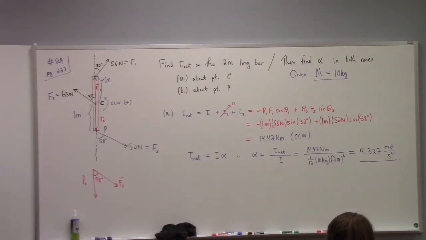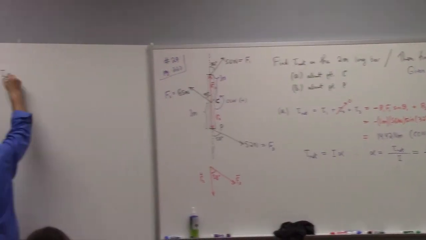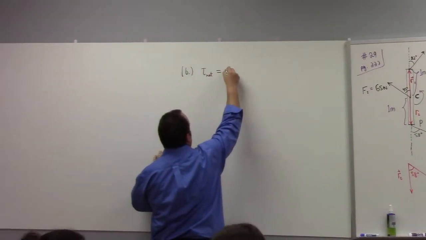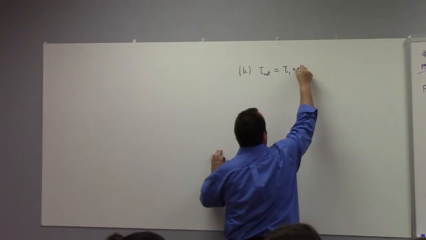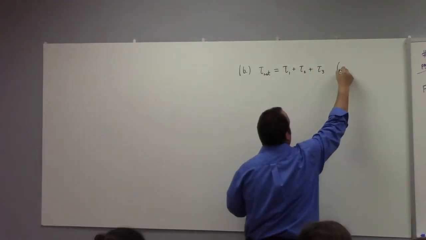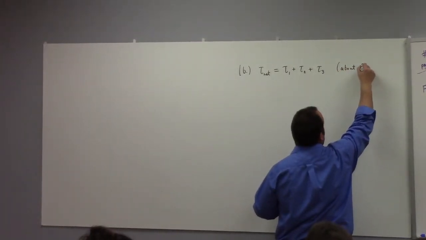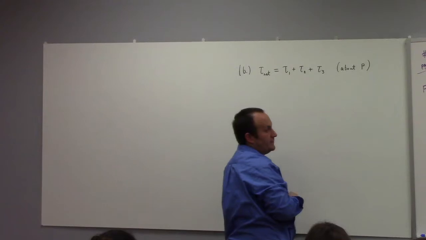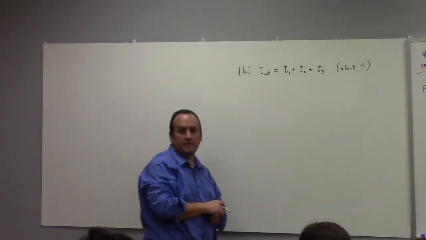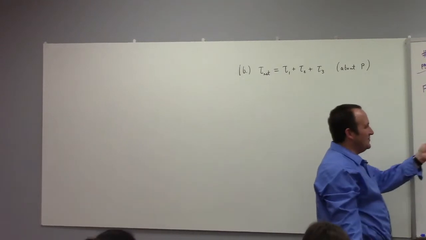All right, so for part B, net torque, again, is the torque from the first force plus the torque from the second force plus the torque from the third force, but this time about P, right? Look at F3.